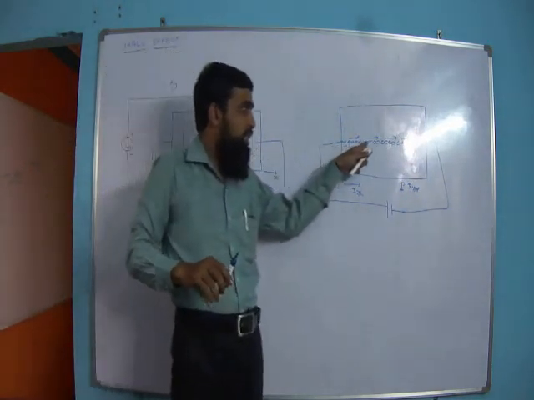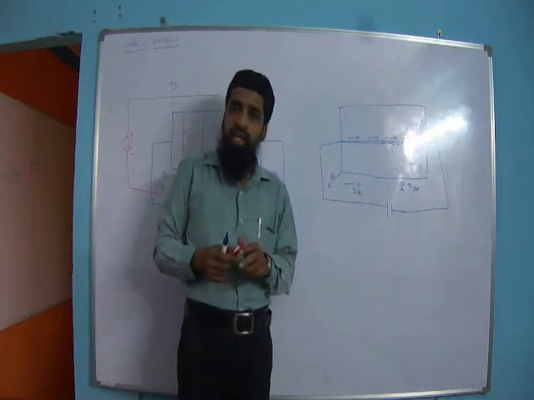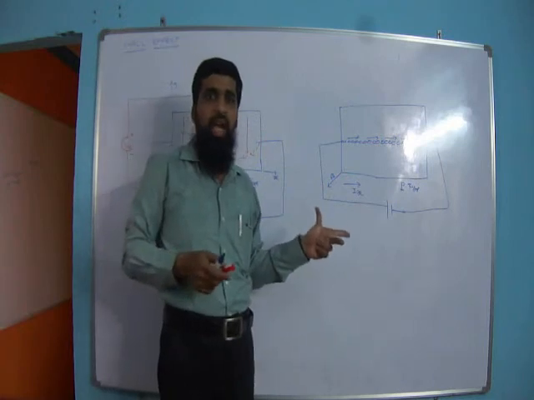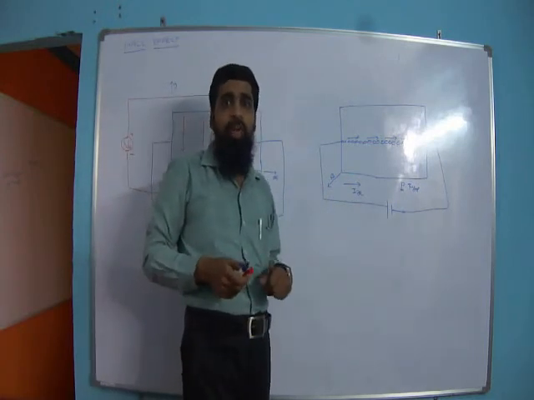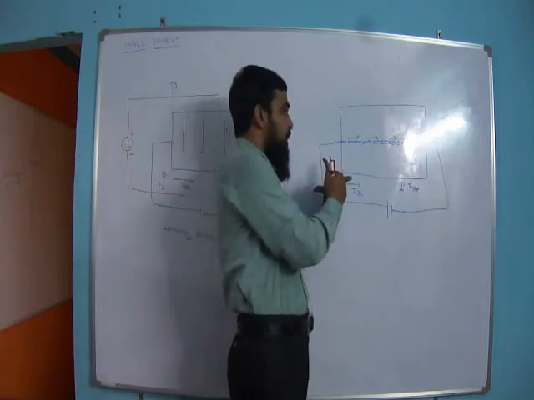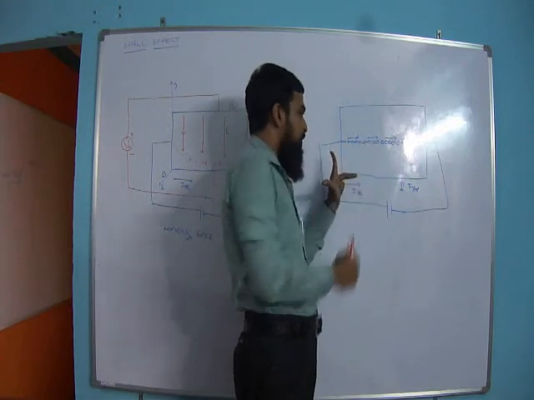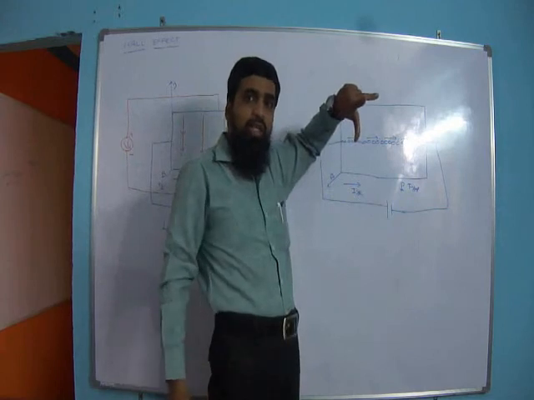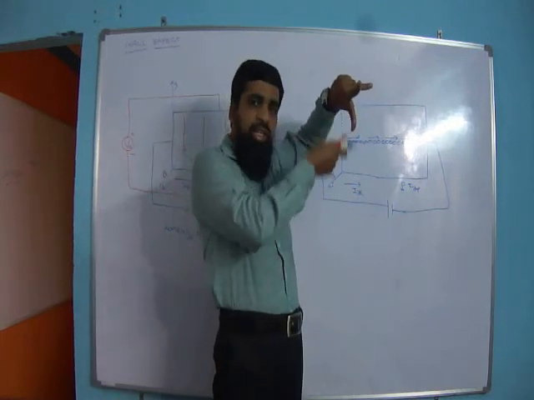be acting on these charge carriers, and the direction of the force you can find out by Fleming's left hand rule. According to Fleming's left hand rule, if you place your middle finger towards current direction and index finger towards magnetic field direction, in which direction is the force?